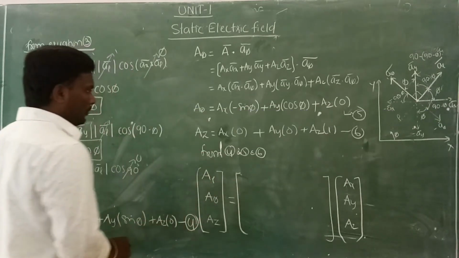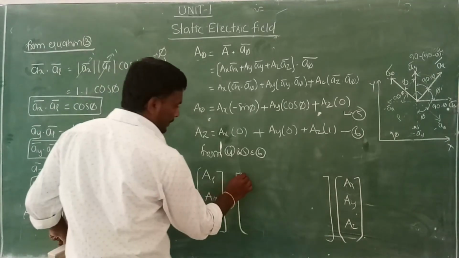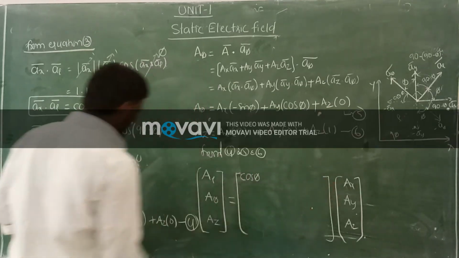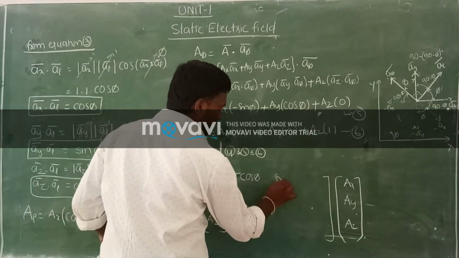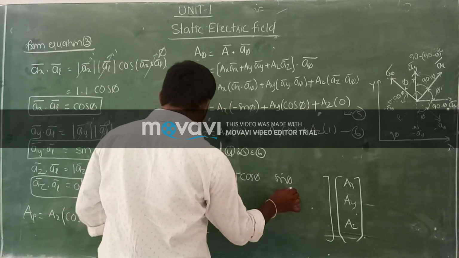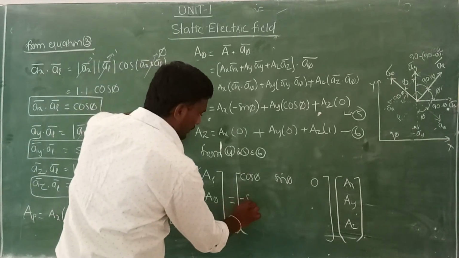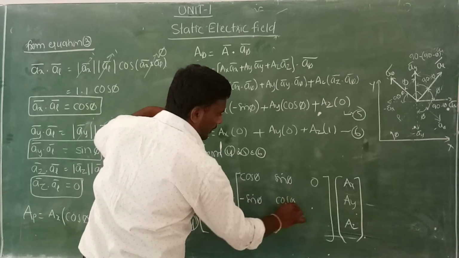So what is the first component for the Ax variable? It is cos phi. Next we have sin phi, next 0. And in the next equation we have minus sin phi, cos phi and 0.